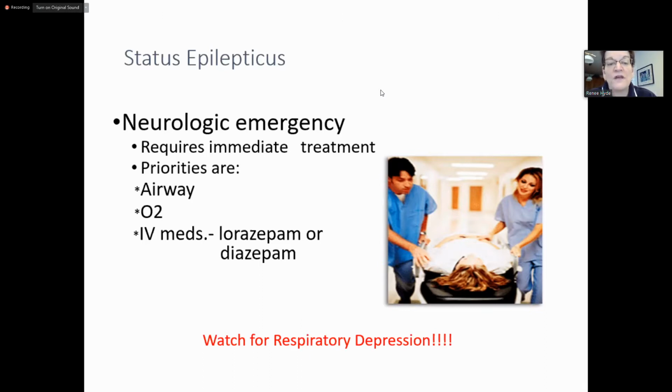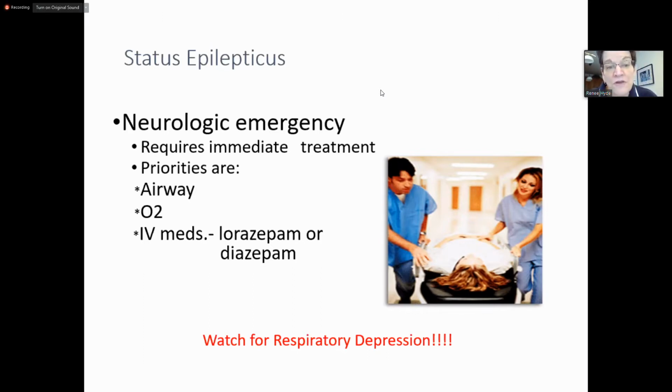Now, one of the things that you can see is that, unfortunately, you can give enough medication to get the seizure activity to stop, but it also causes respiratory depression. And so you may have to have a respiratory therapist intubate and support that patient's airway.